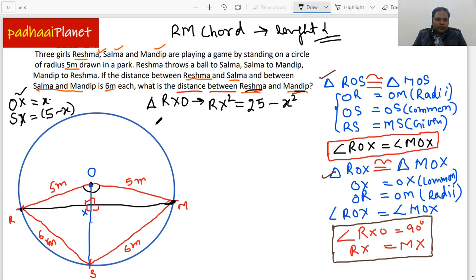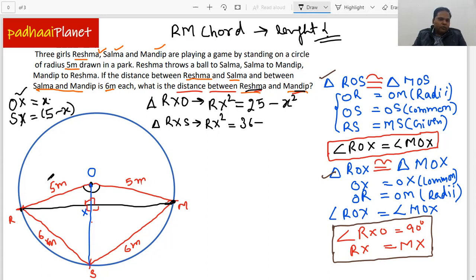Now let's consider the other triangle, and that is triangle RXS. In this triangle, if I try to find out the value of RX, then I can write that RX square is equal to, again with the help of Pythagoras, square of the hypotenuse, that is 36, minus SX square.